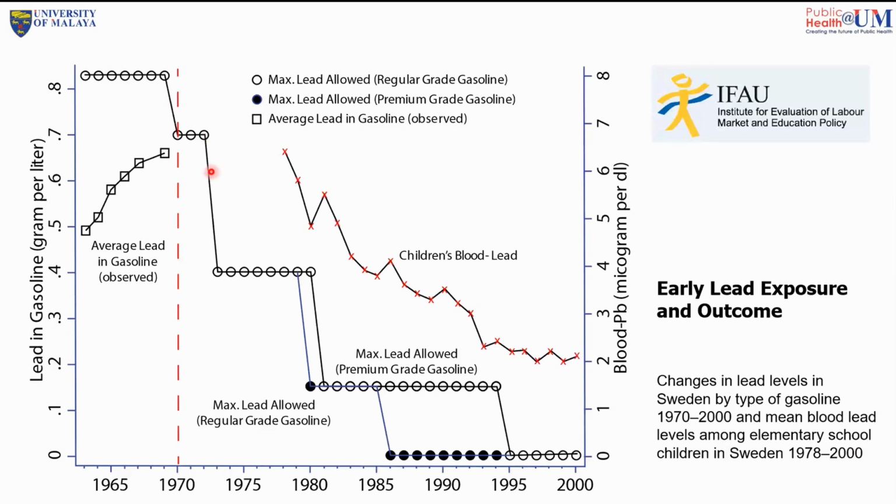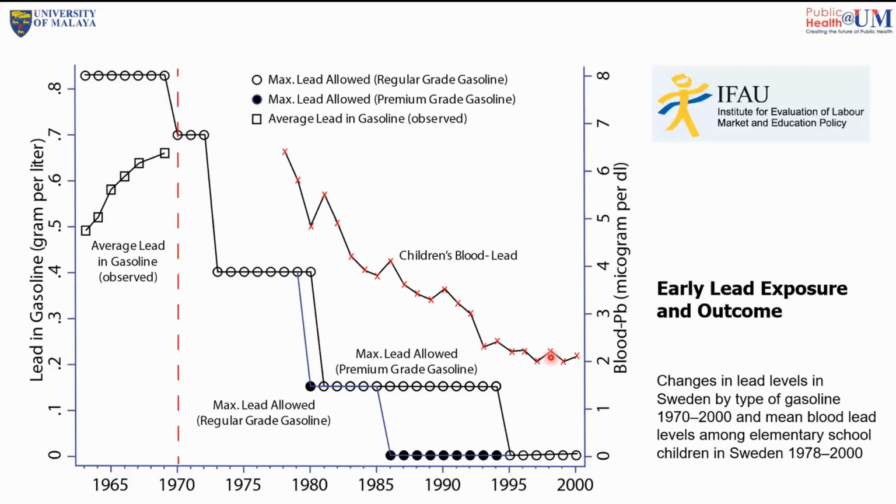This is when they are born, and this is 5 years later when they go to elementary school. So there is a very distinctive correlation between blood lead level and the level of lead in gasoline.